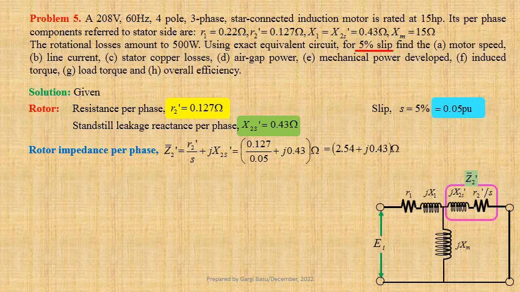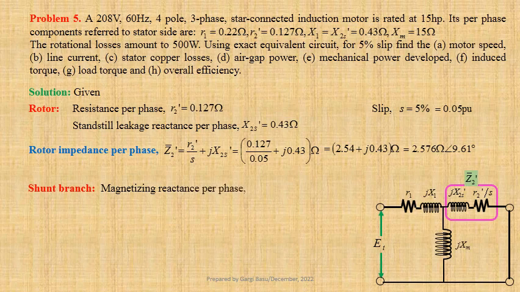This may be written in polar form as 2.576 ohm at an angle 9.61 degree. For shunt branch, given magnetizing reactance per phase Xm equals 15 ohm. Let us now calculate jXm plus Z2 dash.